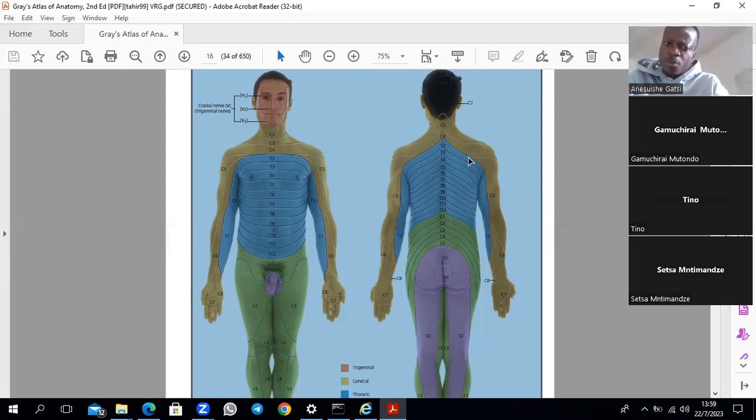What about a myotome? What's a myotome? Myo means what, guys? Derm means skin. Myo means muscle. A myotome is like a group of muscles which are innervated by a single spinal nerve root.